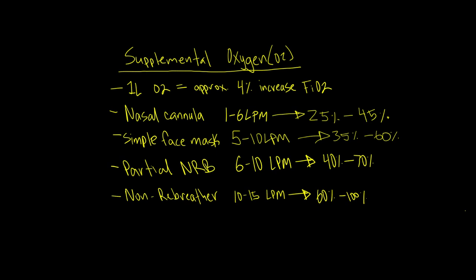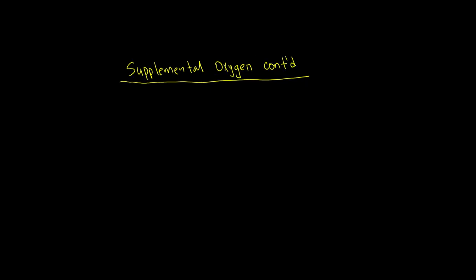If they're requiring that much oxygen, it's time to start considering other things like either invasive or non-invasive mechanical ventilation. 2 more supplemental devices we'll talk about are the high flow nasal cannula and the Venturi masks. We'll just hit them really quick because they have a few other things to consider when determining how much oxygen you'll be getting.